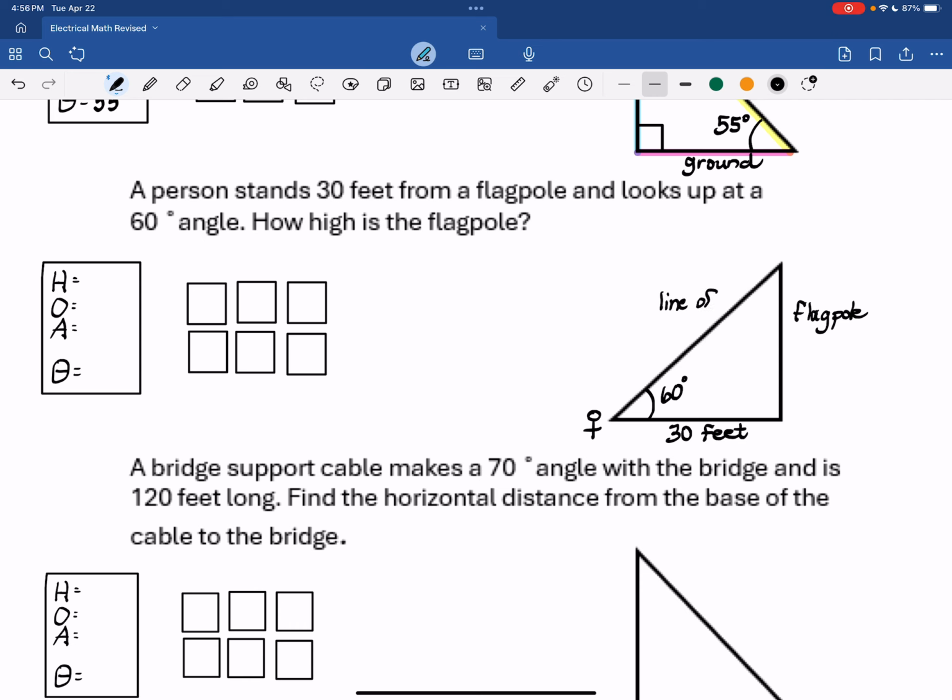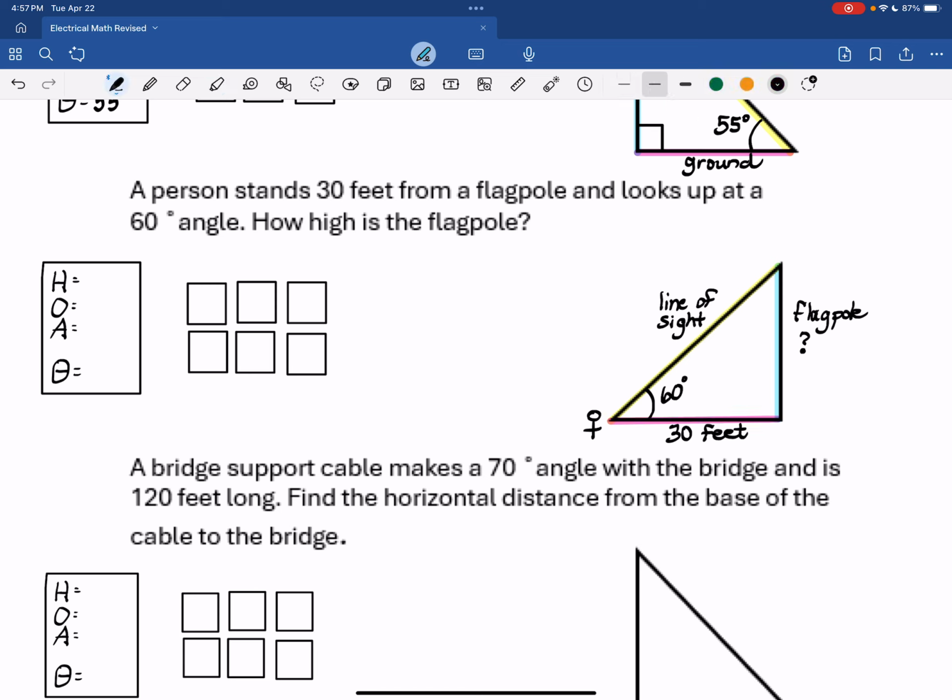This is the person's line of sight. It's also the hypotenuse in this problem. How high is the flagpole? So we want to know the height of the flagpole. The flagpole is opposite. It's across from theta. Hypotenuse in this problem is the line of sight. It's the slant. And the ground is adjacent to theta.